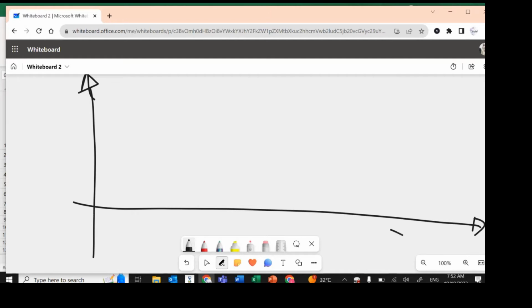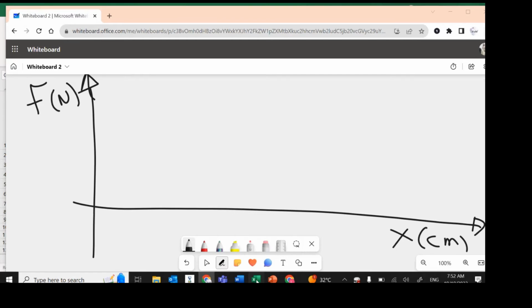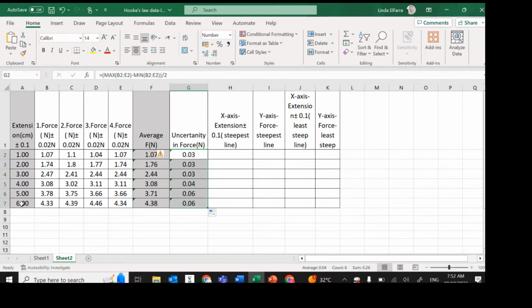X is our extension in centimeter, and Y is F, our force in Newton. We'll take the first and last value. So the first value is 1, last value is 6.